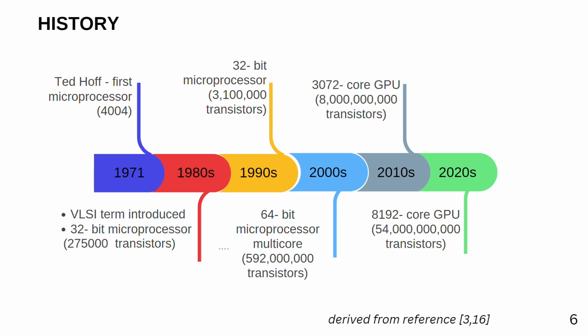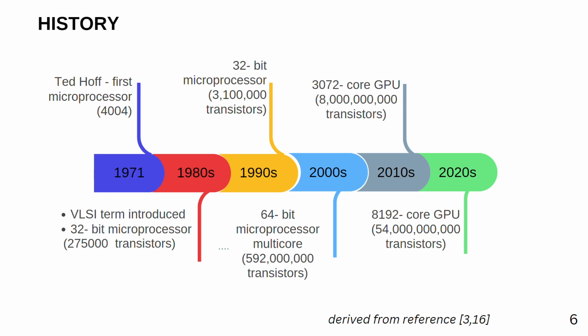And in the 1980s, VLSI was introduced, and also a 32-bit microprocessor containing 275,000 transistors. And in the 90s, a 32-bit microprocessor which contains about 3,100,000 transistors.